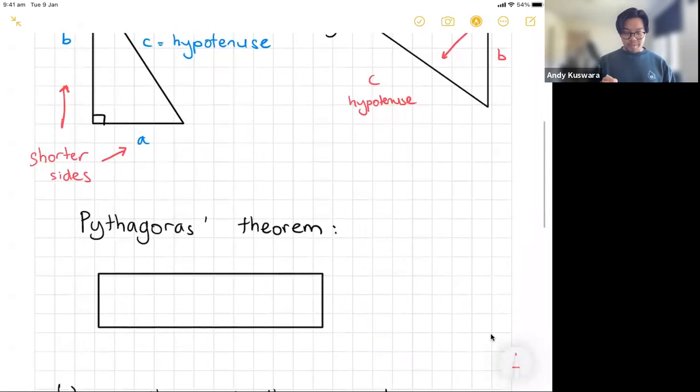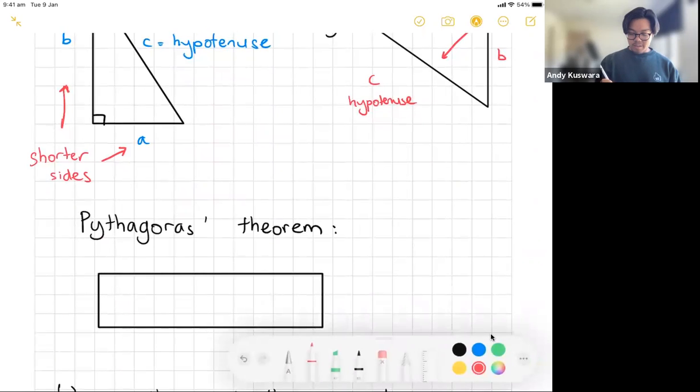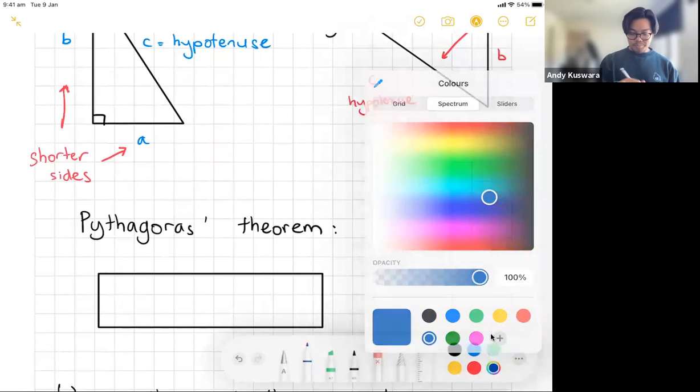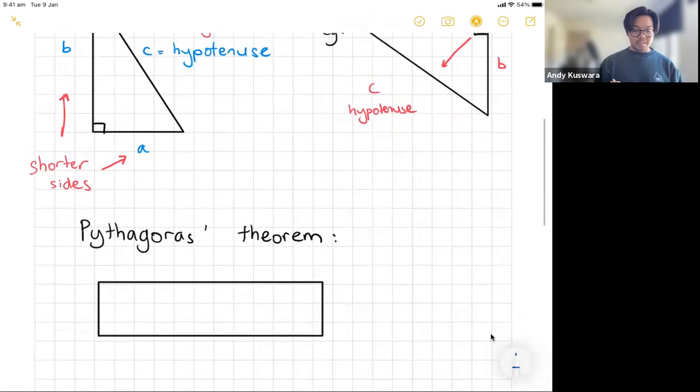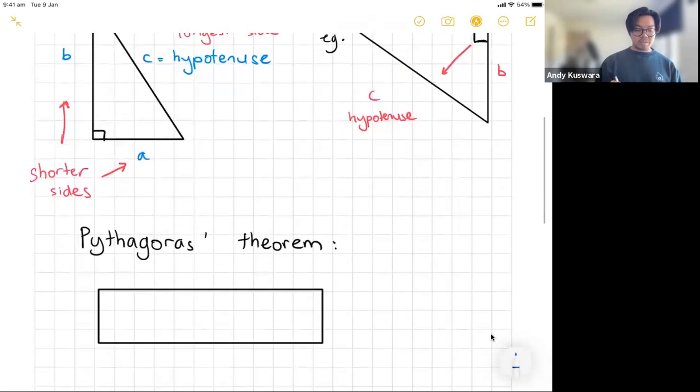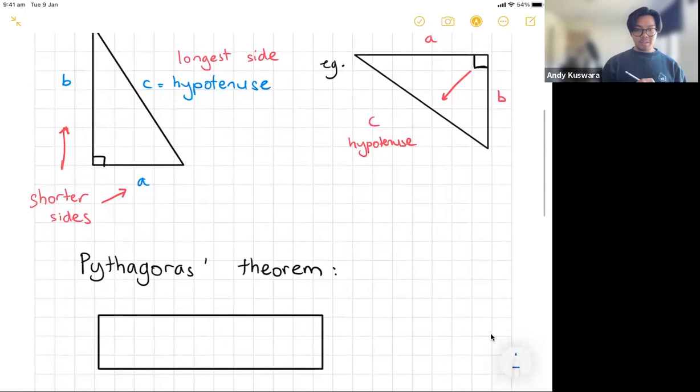So I've left a blank box here so I can write it down for you, and I'm going to pick a nice blue. Pythagoras' theorem states this. It says the sum of the squares, you know what, let's not use big language.